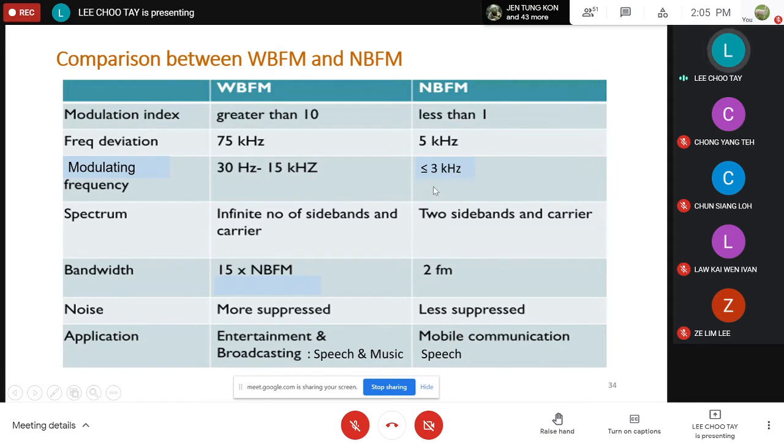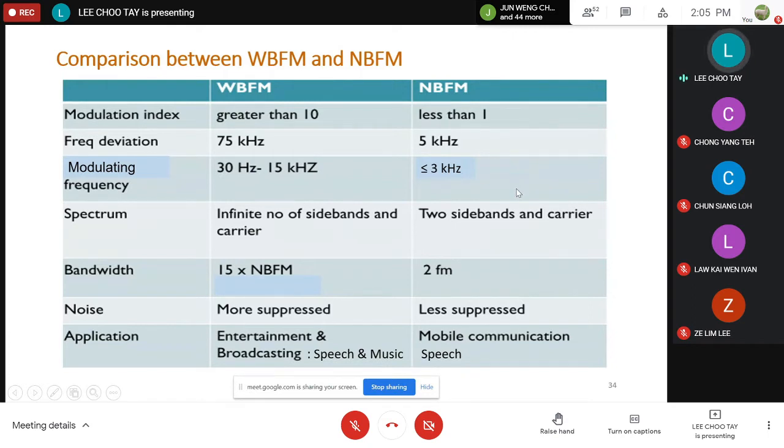And as far as the spectrum is concerned, the wideband FM theoretically has an infinite number of sidebands and carrier. One carrier and many sidebands, in theory. Whereas the narrowband FM has only 2 sidebands and a carrier itself. So this is very similar to a double sideband full carrier signal.